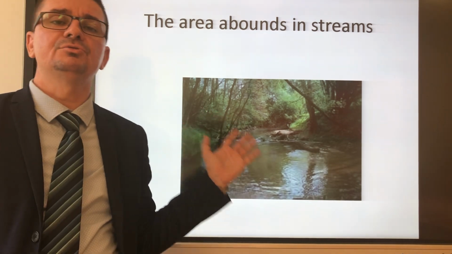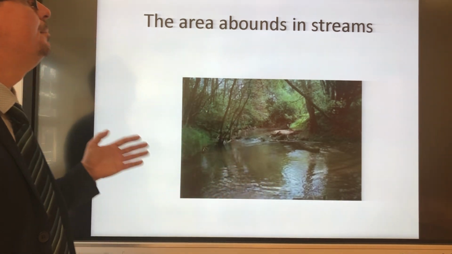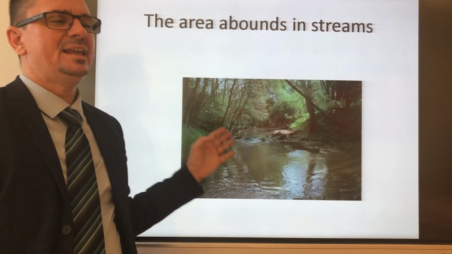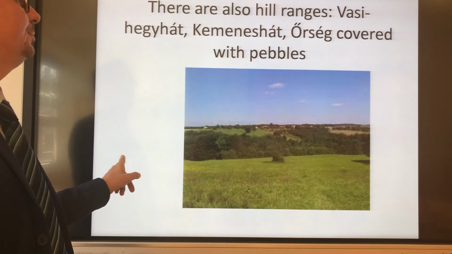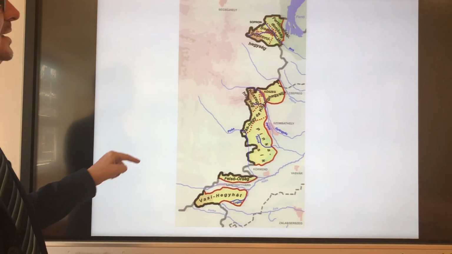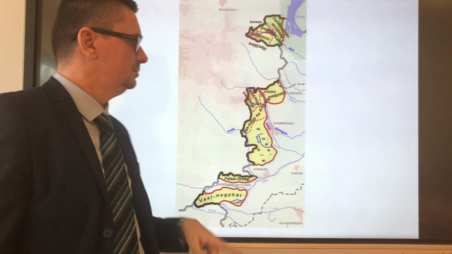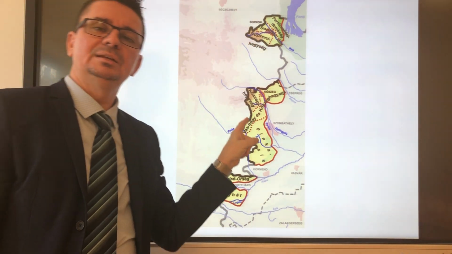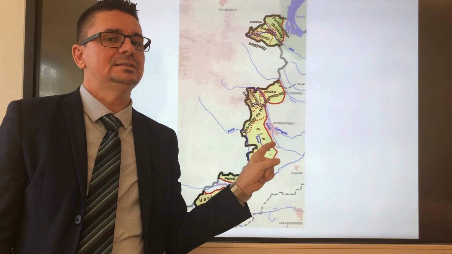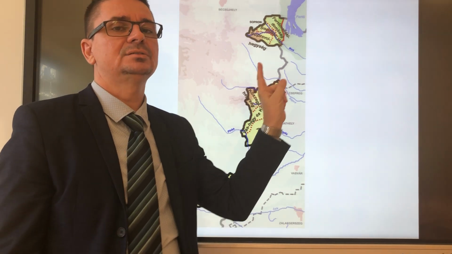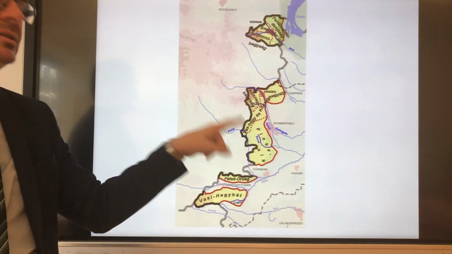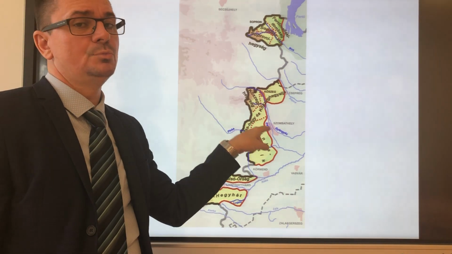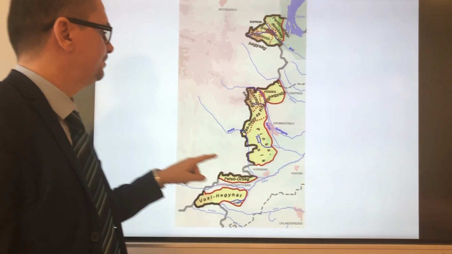And because it's so rainy here, the area abounds in streams. Plenty of smaller streams and rivers in the region are typical. If we go back to this map, you can see their names. Ikva, Gyöngyös. Important to note that the city of Gyöngyös is in a totally different part of Hungary, in the east, but this is a small stream here, not the city.